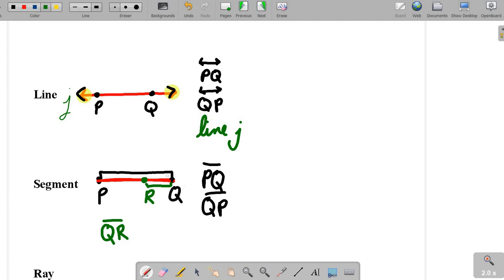So those are the symbols we're using with a segment and a line. Remember, with a line you can use the cursive notation, and both lines and segments have one dimension, which is only length.